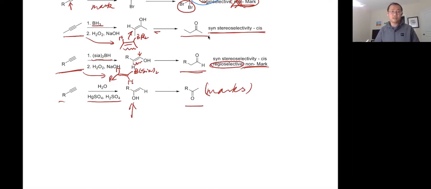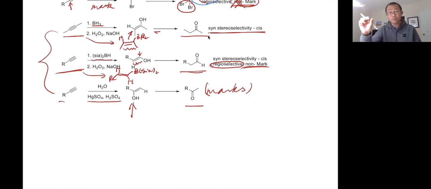Okay, tautomerize. So these three reactions show you how we can convert an alkyne to a carbonyl compound, either a ketone or an aldehyde. It depends on what you start with. If you treat an internal alkyne with boron or with hydration, you get a ketone because Markovnikov.